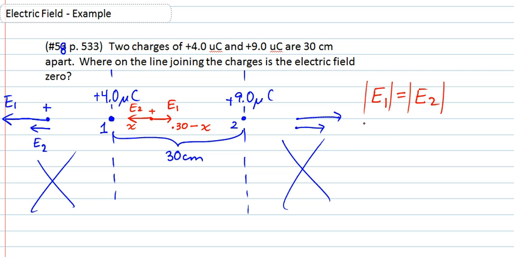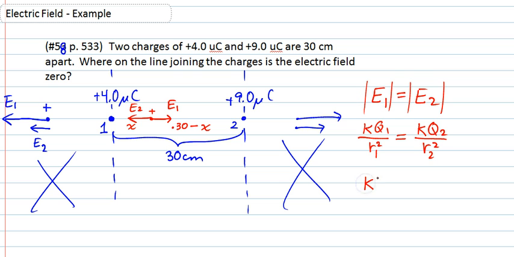Alright, so this means that k Q1 over r1 squared, that is the field for a point charge, which you learned in a previous video, and for E2, k Q2 over r2 squared. We can see from the diagram that r1 is going to be equal to the distance x.